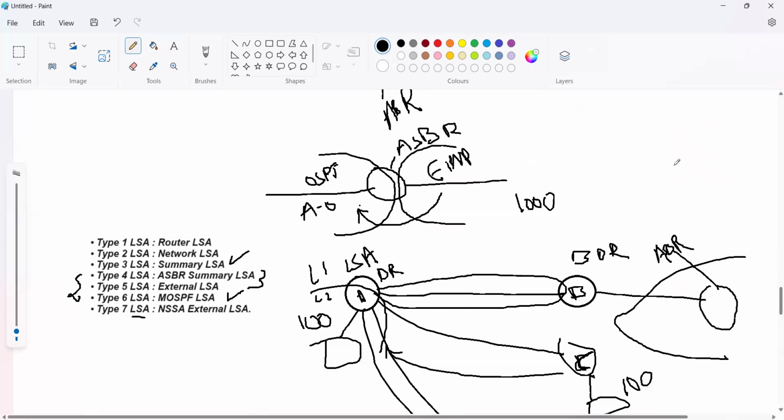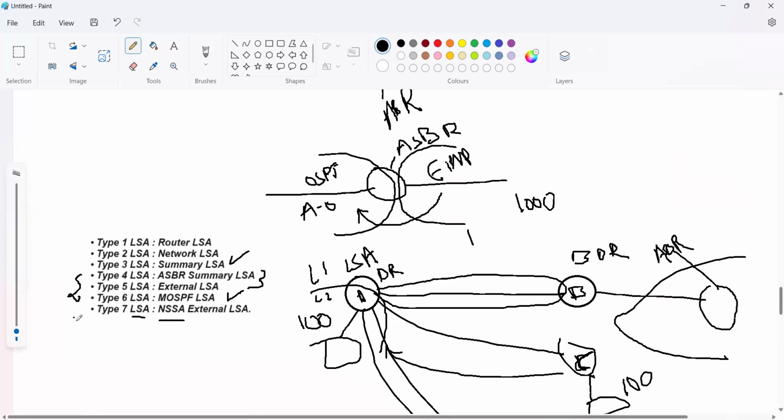If we don't want those prefixes, we just give it one default route, and we minimize these LSA 4 and 5 with the not-so-stubby area, giving one default route.